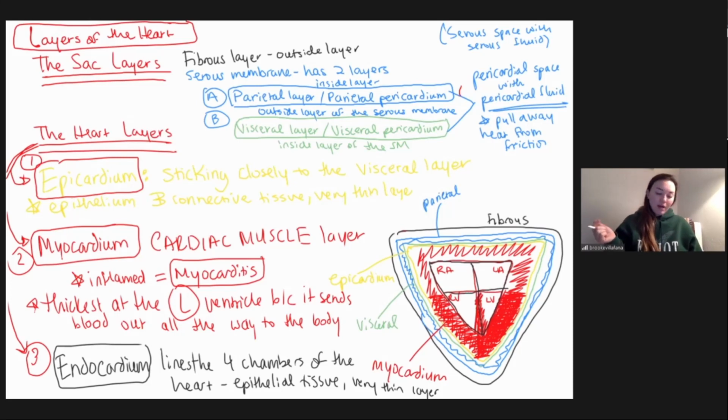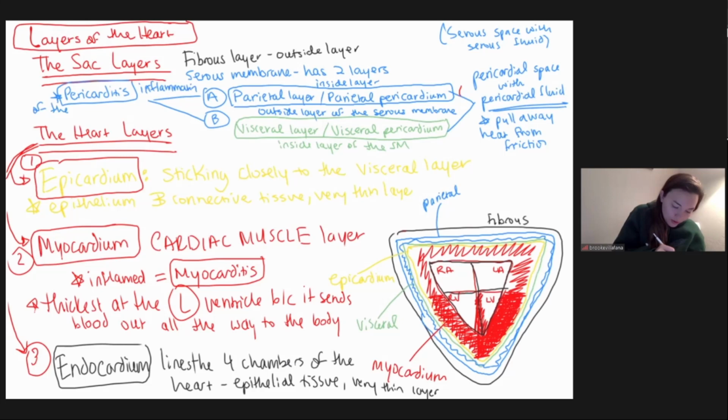Okay, so we said myocarditis is inflammation of the heart muscle, right? What about pericarditis? Pericarditis is going to be inflammation of the sac. So pericarditis is another condition, and this is inflammation of the sac.